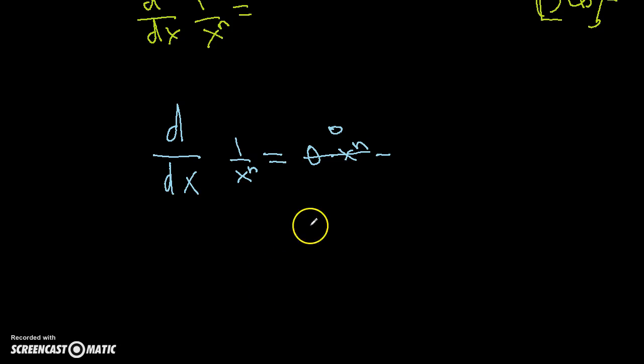times f of x. That's going to be 1 times, and this I already proved for positive integers, so that's just going to be n times x to the n minus 1, and that's just going to equal negative n times x to the n minus 1.